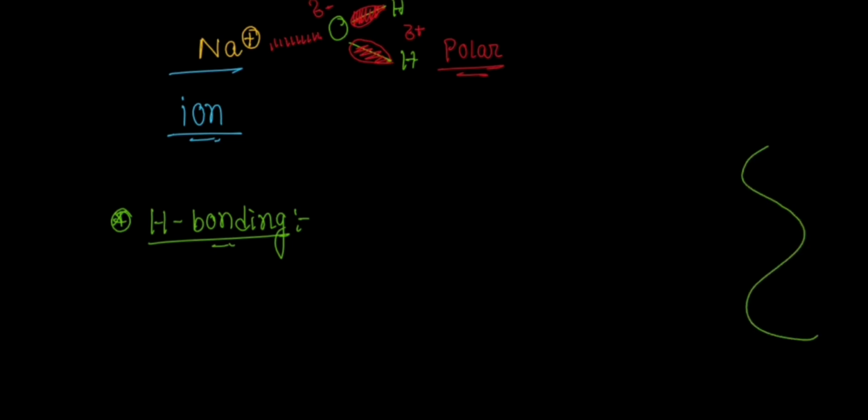In these double helix structures, the strands are connected via two bonds or sometimes via three bonds. Look, adenine and thymine get connected by two bonds, and guanine and cytosine get connected via three bonds. These bonds that we are talking about over here are hydrogen bonds.